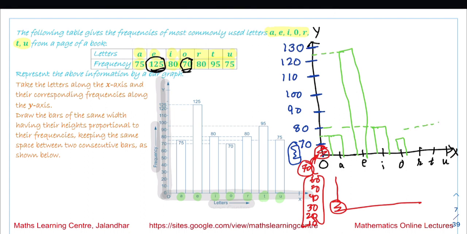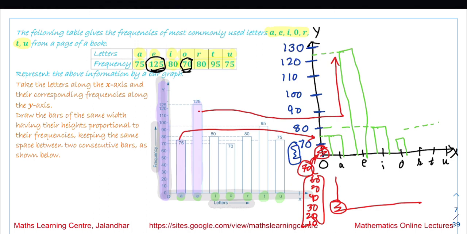Or if we are drawing the points in this form, we have shown over here 0, 10, 20, 30, 40, 50, 60, 70, 80, 90, and the points on the y-axis are marked in this form. Then at A we have 75, at E we have 125. Both these graphs are representing the same thing. It is 125 over here, this is representing 125. This is 75 over here, this is representing 75.